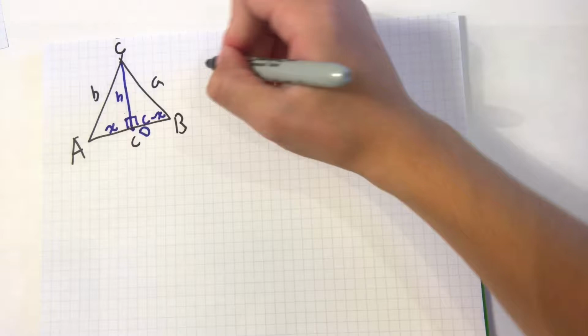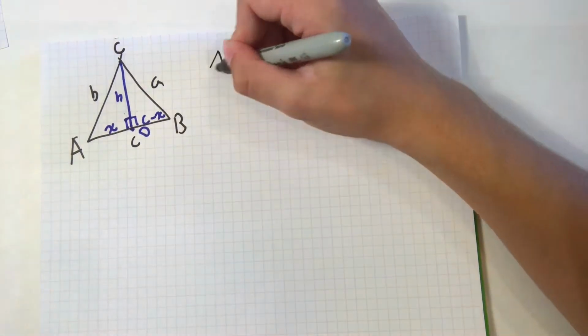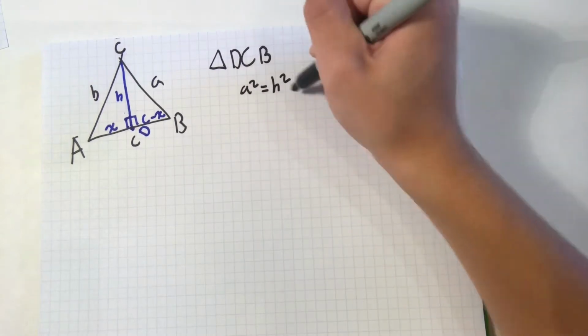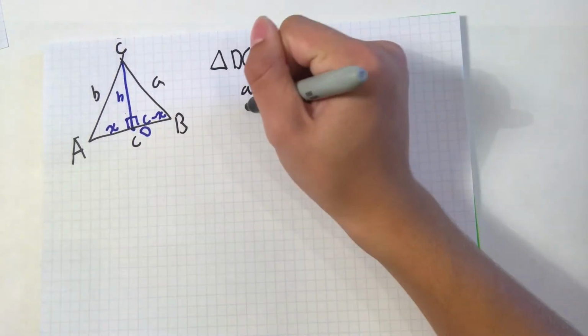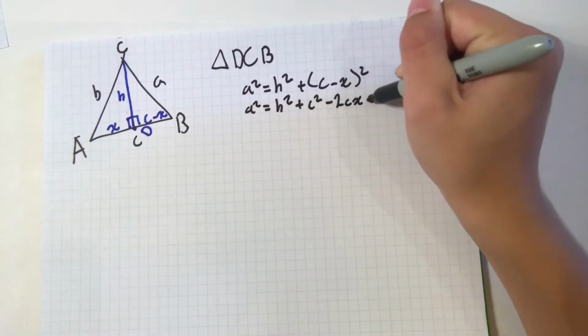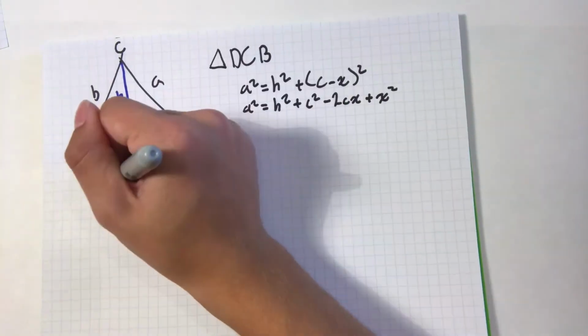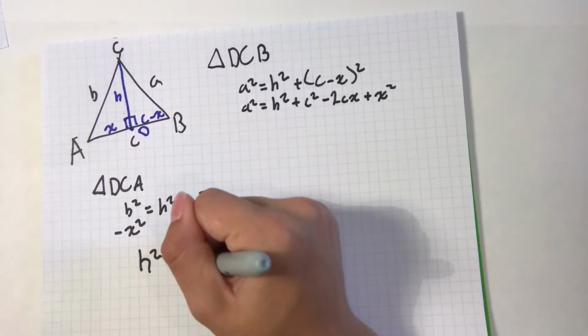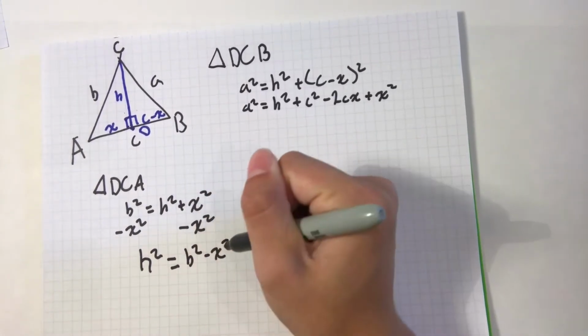So let's add some stuff to it, but ultimately we want to take it all away and make it as generalized as possible. So in triangle DCB, we have a squared equals h squared plus the quantity of c minus x squared. This expanded is a squared equals h squared plus c squared minus 2cx plus x squared. And for triangle DCA, we have b squared equals x squared plus h squared. But like I said earlier, we want to cancel out what we put in.